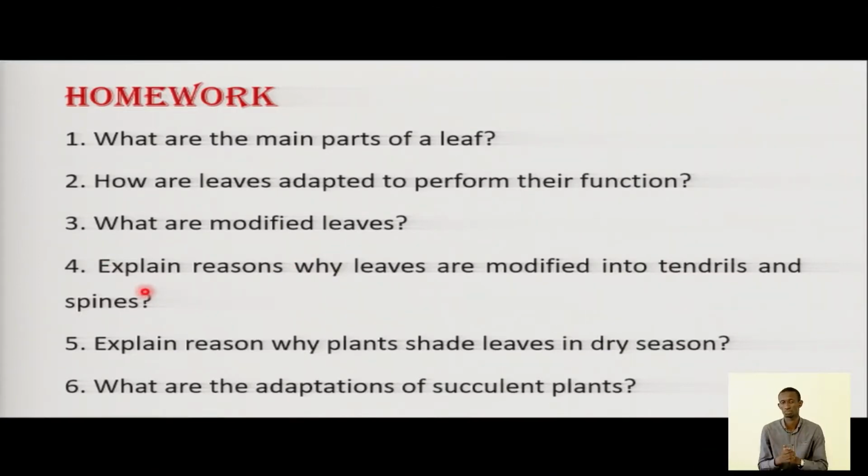Question number 4, explain reasons why leaves are modified into tendrils and spines. Question number 5, explain the reason why plants shed leaves in the dry season. Question number 6, what are the adaptations of succulent plants?